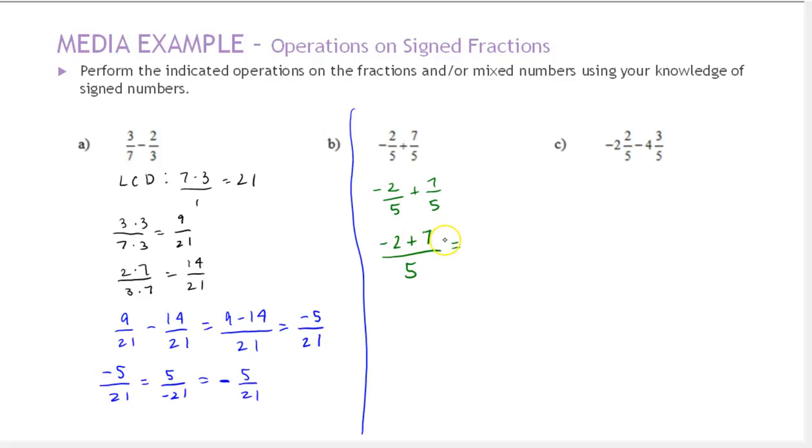Well, negative 2 plus 7 is 5. Keep the denominator of 5, and our result is 1. So we don't have to rewrite that as a mixed number like we didn't with the last because it's a whole number.